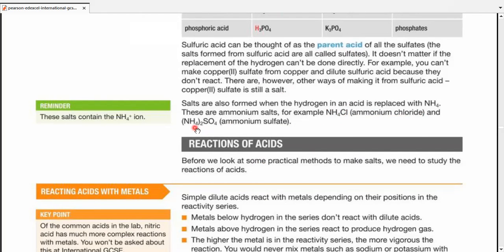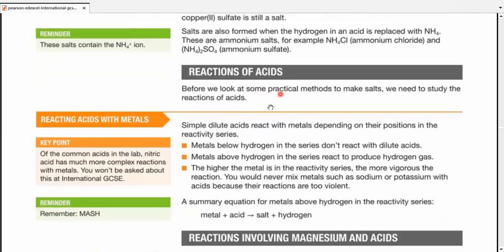And when ammonia solution reacts with sulfuric acid, it forms ammonium sulfate. So as soon as you look at the salt, the last name of the salt tells you the parent acid it was made from. All chlorides are made from hydrochloric acid and sulfates from sulfuric acid. It's pretty easy to find.